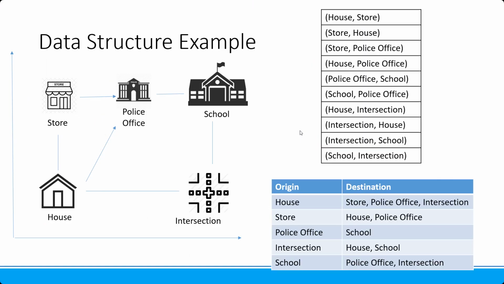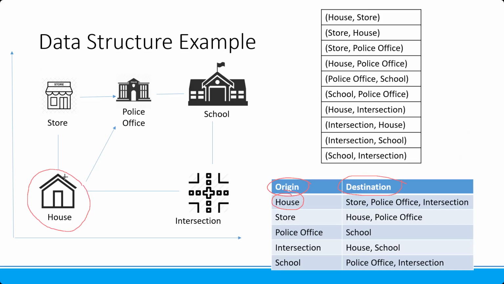But there is another way to save the data. We want to check the origin. Origin means you start from house. So from house, what are the destinations?